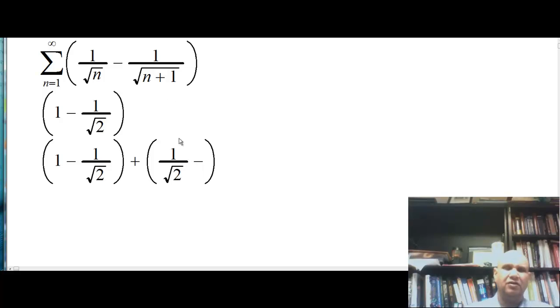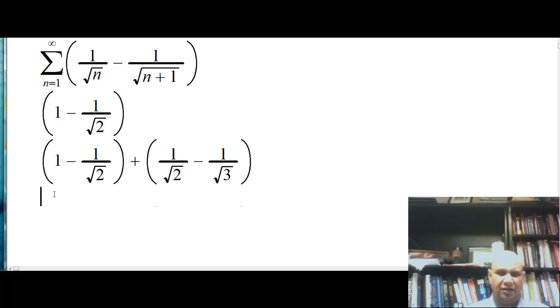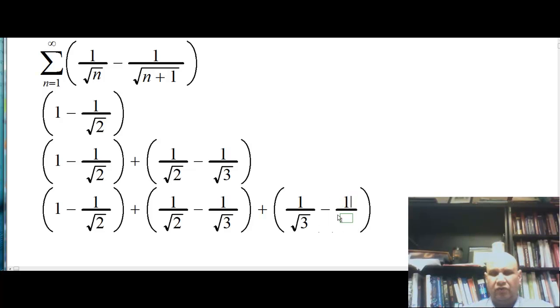Then minus 1 over square root of 3, right? And then the third one would be this, plus we just have what? 1 over square root of 3 minus 1 over square root of 4.